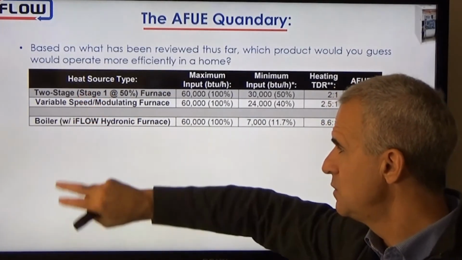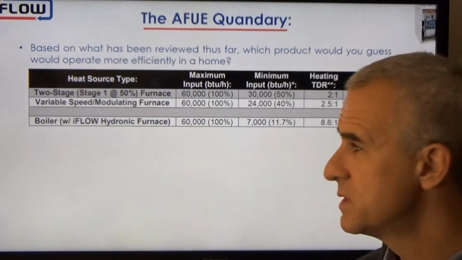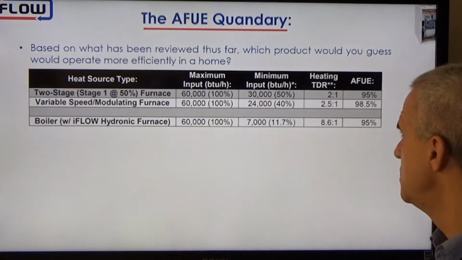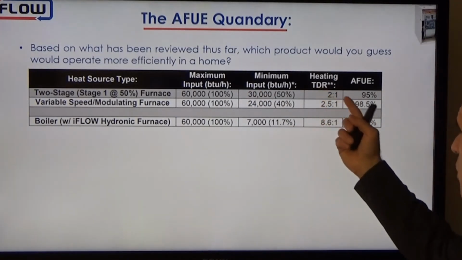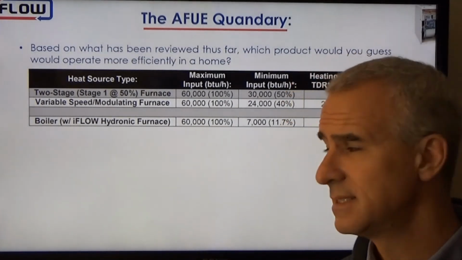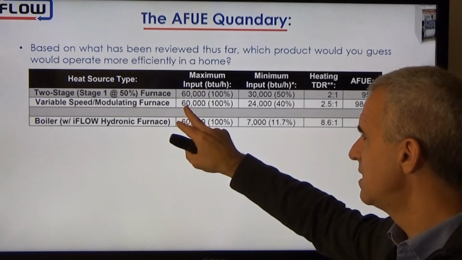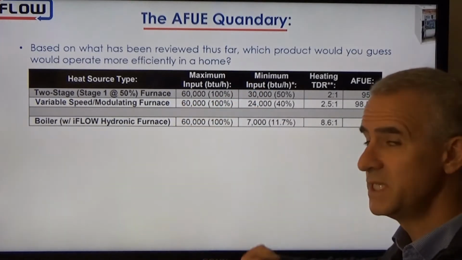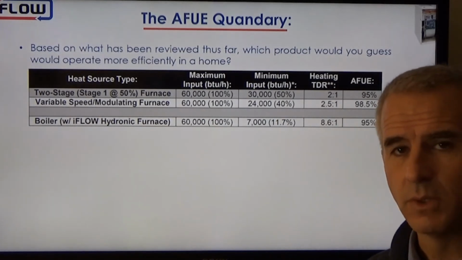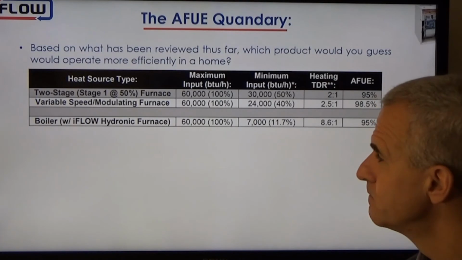So I took the 2-stage furnace with the minimum stage 1 at 50%, with a minimum input of 30,000 BTUs, turn down ratio of 2 to 1, with an AFUE of 95%. I've also selected the condensing furnace. It's got a maximum input of 60,000 BTUs, a minimum input of 24,000, for a turn down ratio of 2.5 to 1, with an AFUE of 98.5.